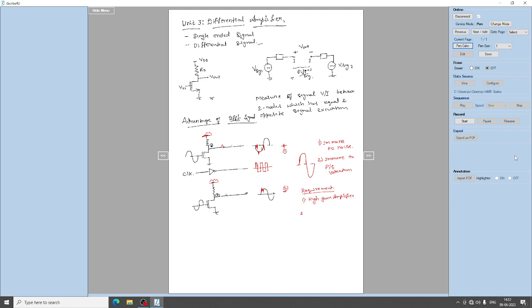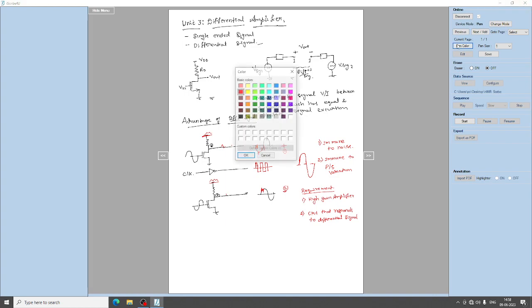And the second important requirement is a circuit that responds to differential signal. So these are the two important requirements of using a differential signal, and the main advantage is that these kinds of signals are more immune to noise and any other fluctuation, power fluctuation kinds of thing, right? So now these are the requirements.